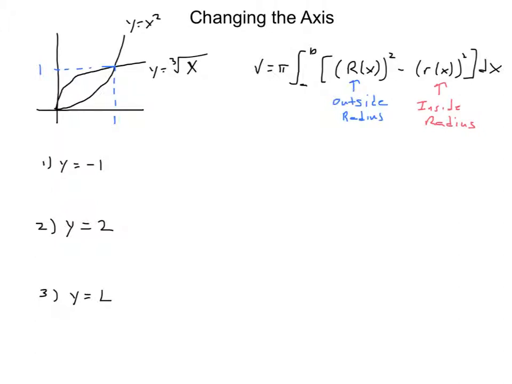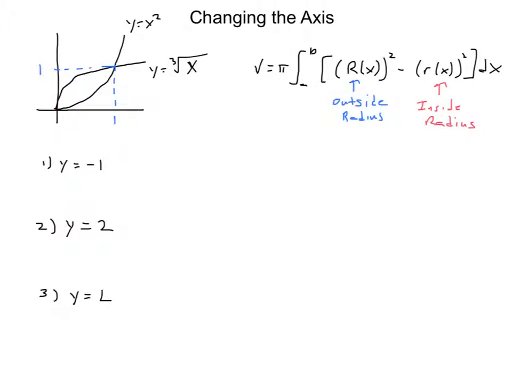Now the first thing I want you to notice is that if we rotate around y equals -1, my radius is going to be bigger, somewhere around here, actually about over here more. My radius at any given moment is going to be 1 more than it was when it was rotating around the x-axis.